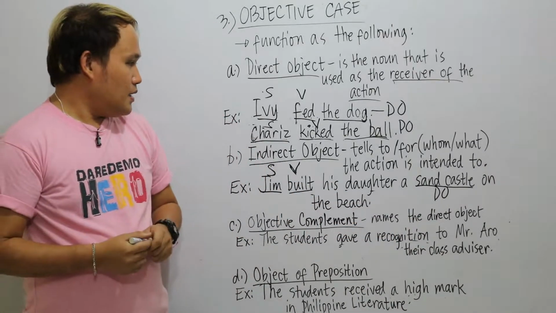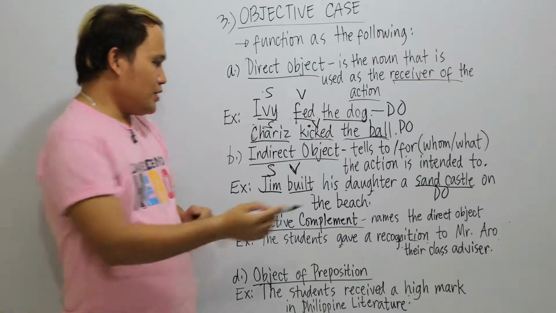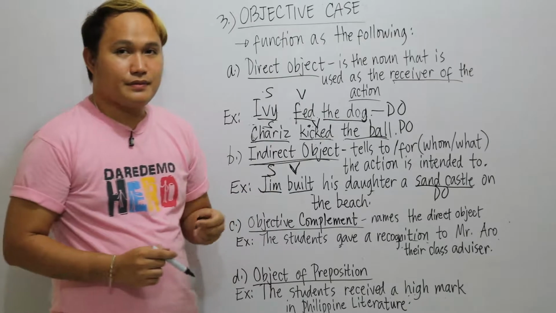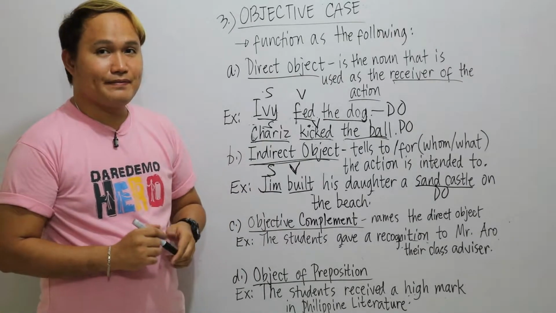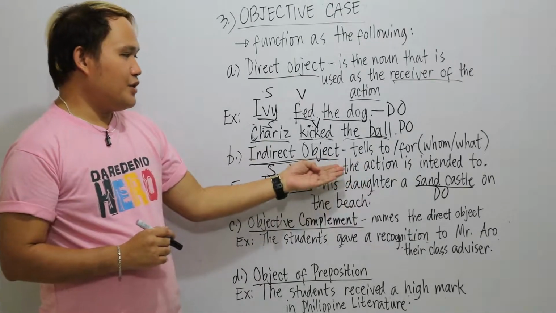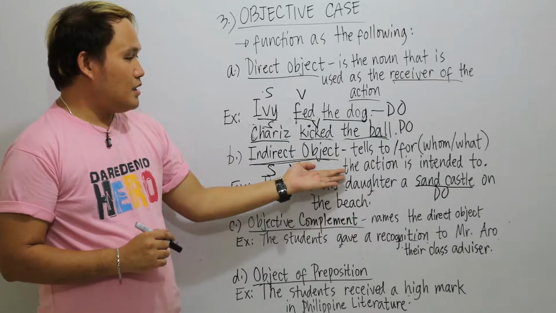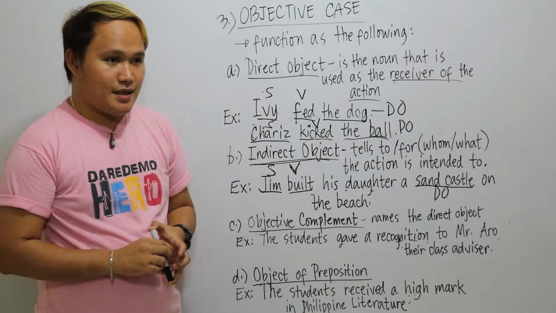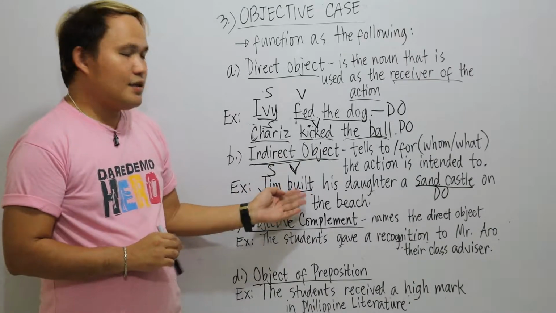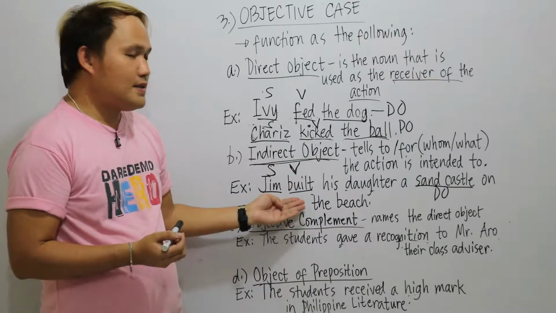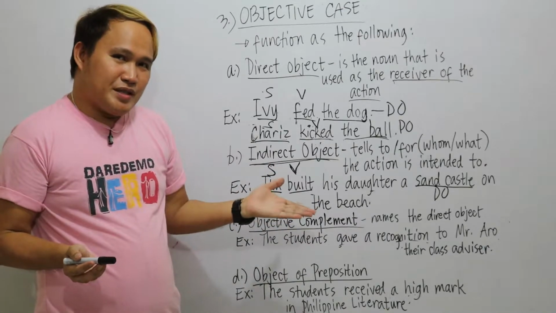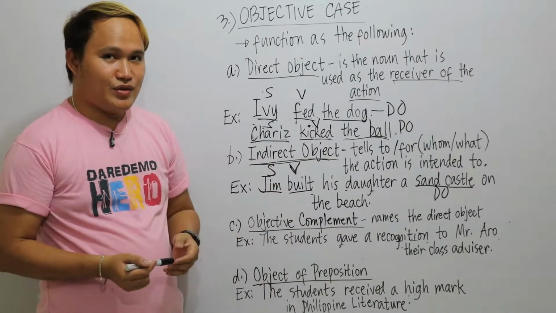And what do you think is our indirect object here? Anyone? Based on the definition, it tells to or for whom or what the action is intended. So if we analyze this sentence, why did Jim build a sandcastle?